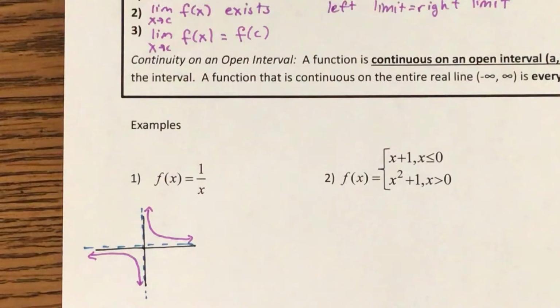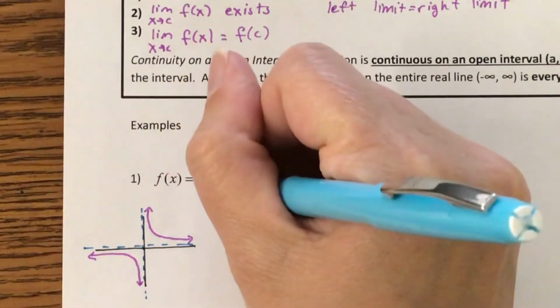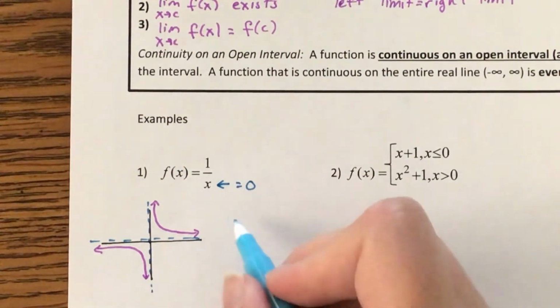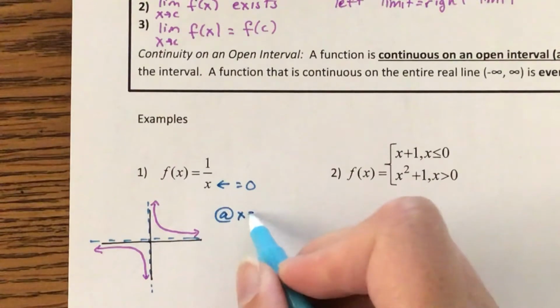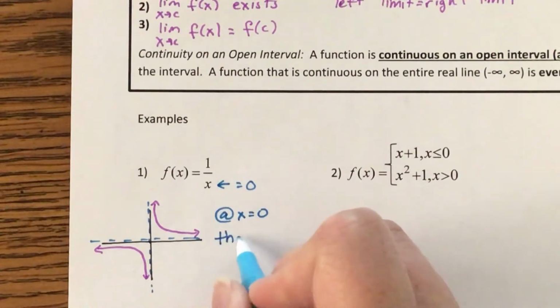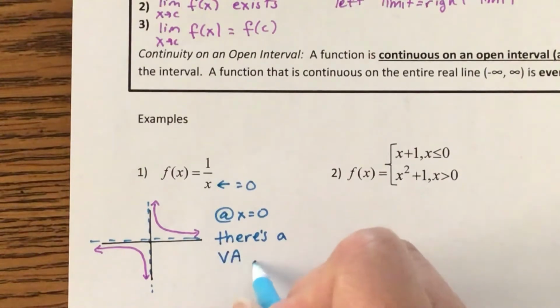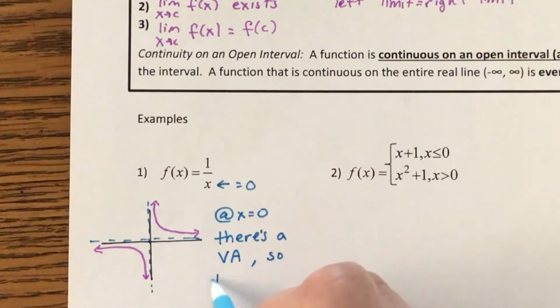Okay, whenever there's a vertical asymptote, that happens when your denominator equals 0. So at x equals 0, there's a vertical asymptote. So the graph is discontinuous.